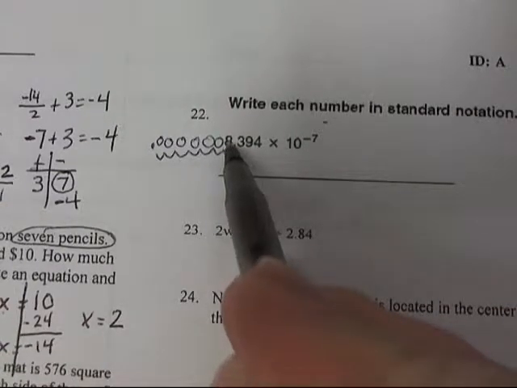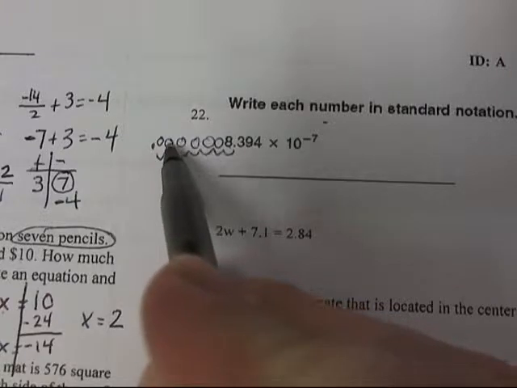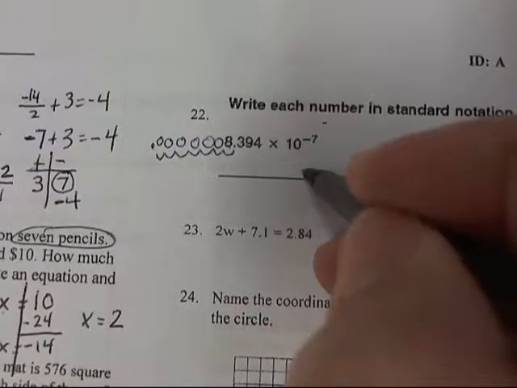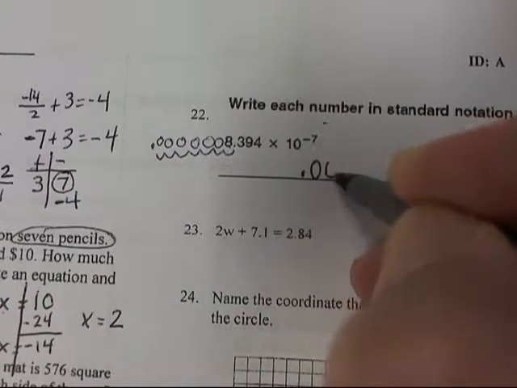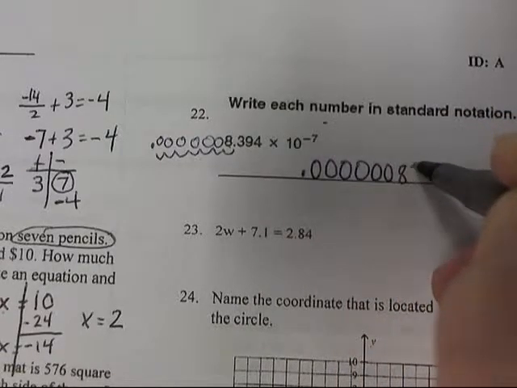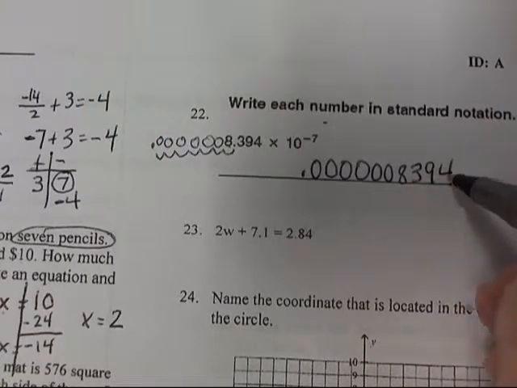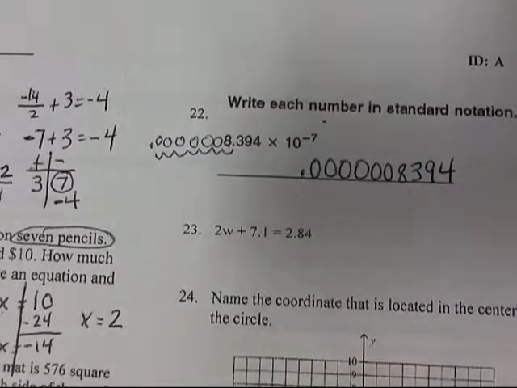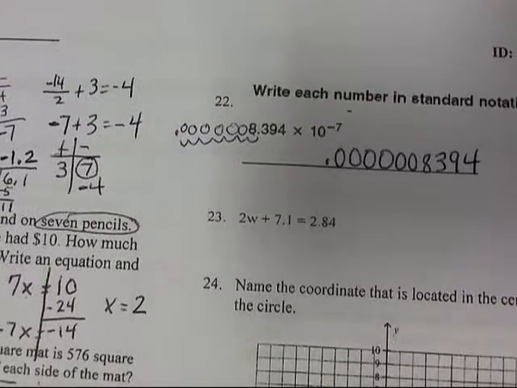So let's verify 1, 2, 3, 4, 5, 6, 7. So the answer is 0.0000008394 would be what that number looks like in standard notation.